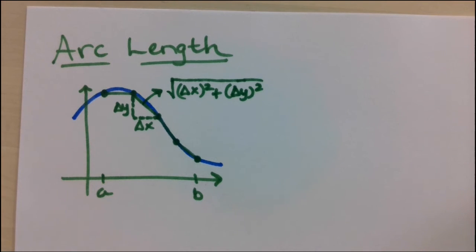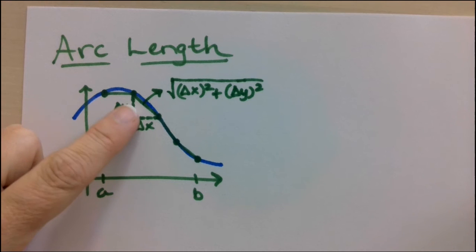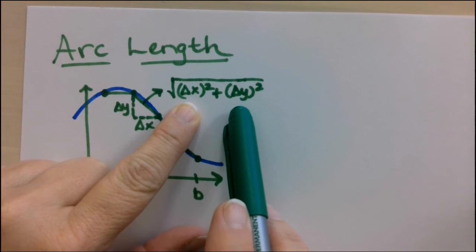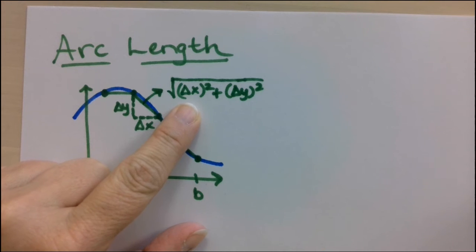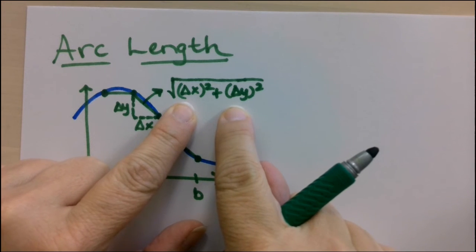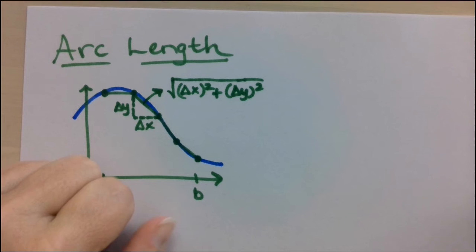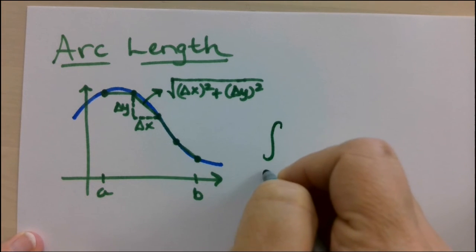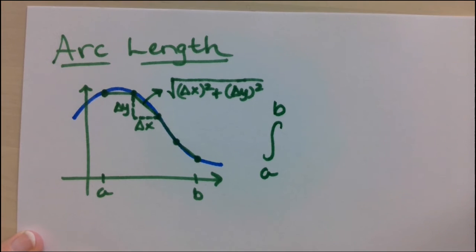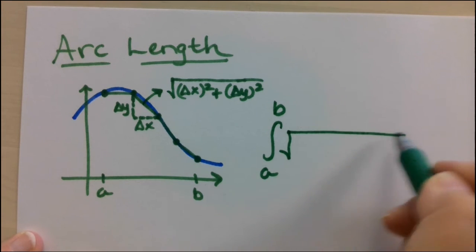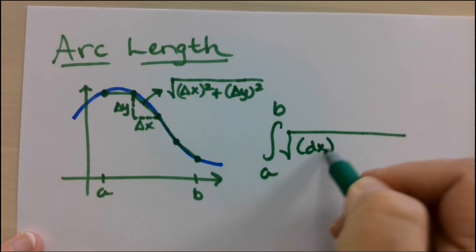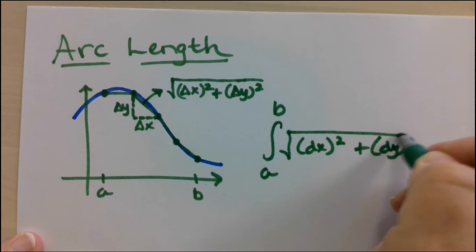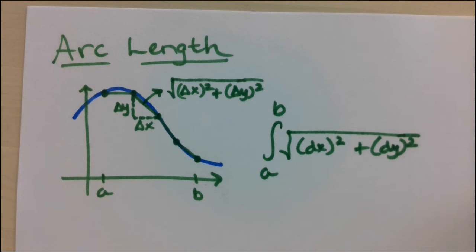And so if I take infinitely many of these segments whose length is the square root of delta x squared plus delta y squared, my delta x and delta y become dx and dy. And we could use an integral that would look like this. The integral from A to B of the square root of dx squared plus dy squared.